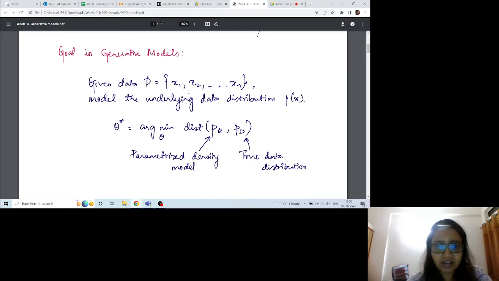It's as if you have been given some n number of samples from some underlying distribution. In order to generate new samples from this distribution, we have to understand what the data distribution is. But since we are only given these few samples, we do not know what the actual data distribution is. That is why we need to approximate it.